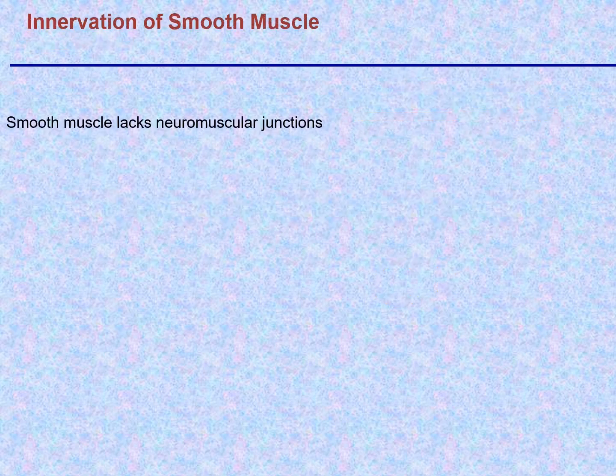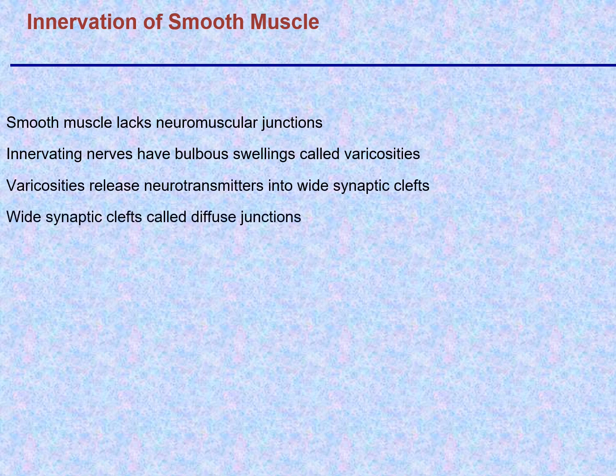Well, smooth muscle is innervated, and as I said, it's innervated by the autonomic nervous system, both parasympathetic and sympathetic divisions. You have motor neurons going to it that can trigger different kinds of responses, inhibitory or excitatory.